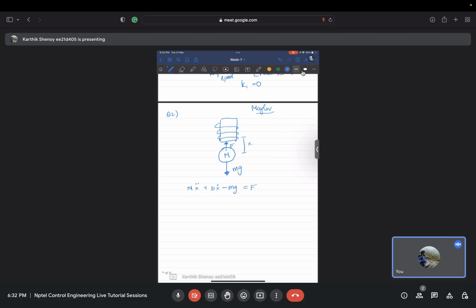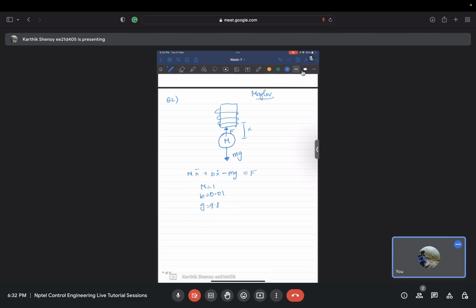Let's take m equal to 1, b equal to 0.01, and g equal to 9.8. The equation of motion, the transfer function x of s by F of s, will be equal to 1 by s square plus 0.01 s minus 9.8. Now this system clearly is unstable, correct? Because there is a negative here, in open loop it's unstable.